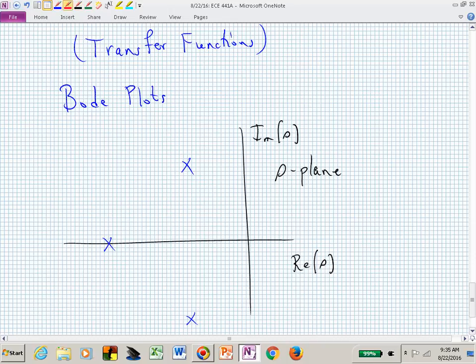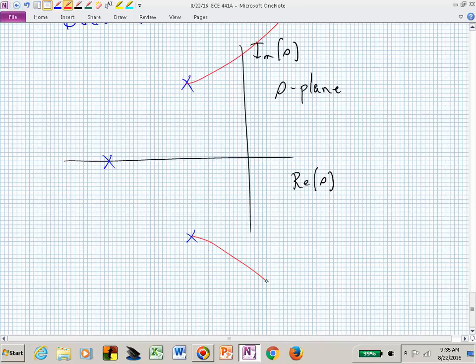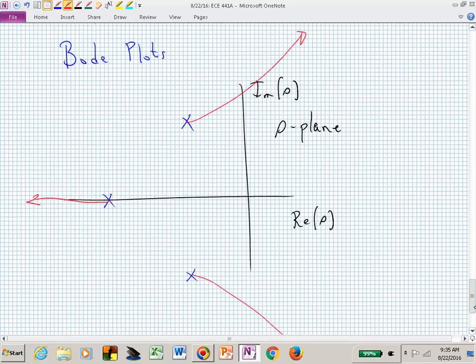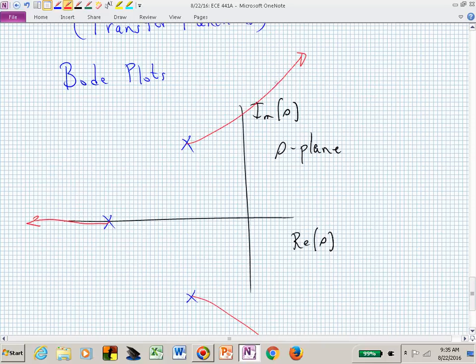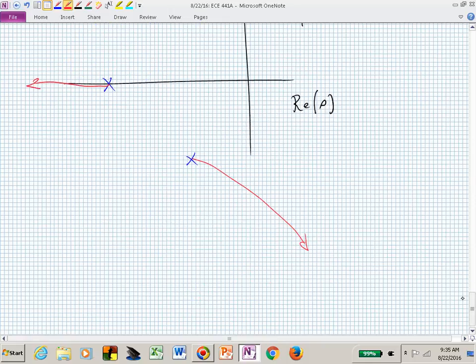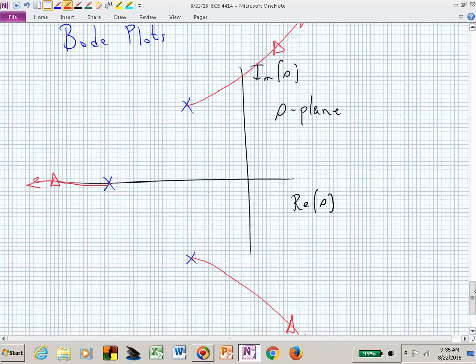How do the roots migrate as we adjust the gain k? And we will find that the roots behave something like that. And in the closed loop, let's say that our closed loop poles, we're now where we've cranked up the gain to put the closed loop poles at those triangle locations. Is that a good thing?